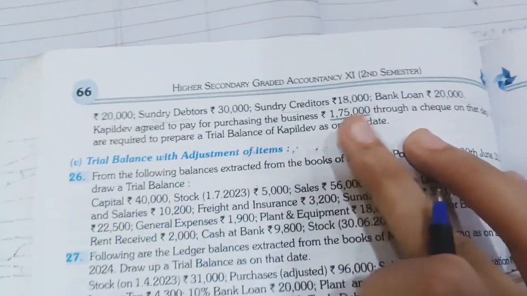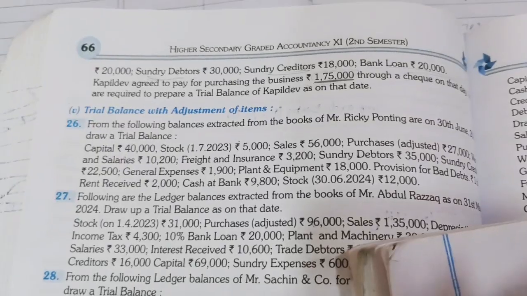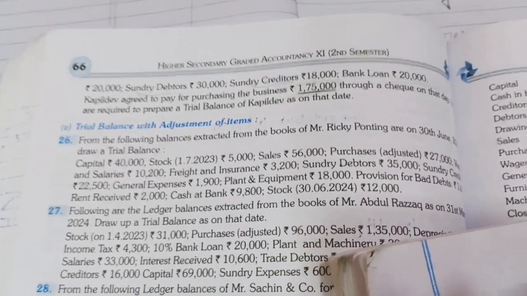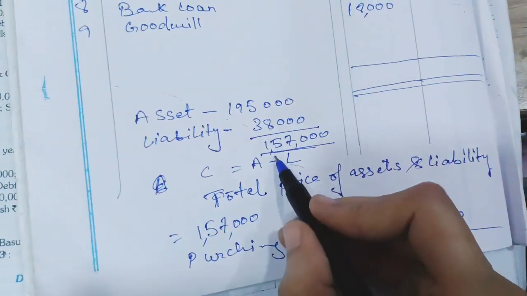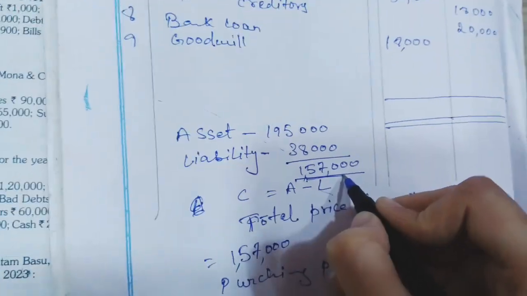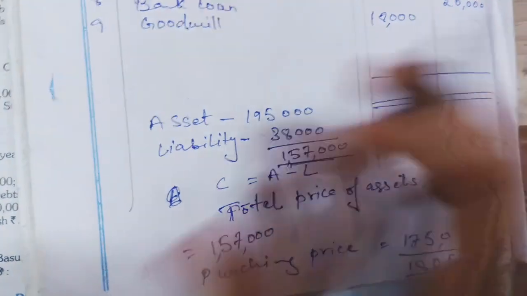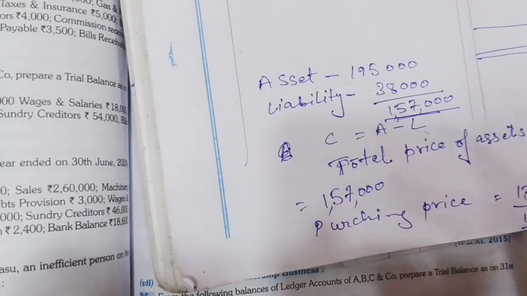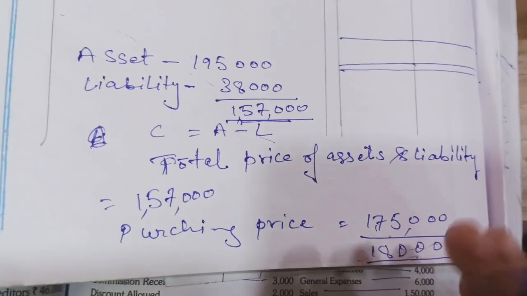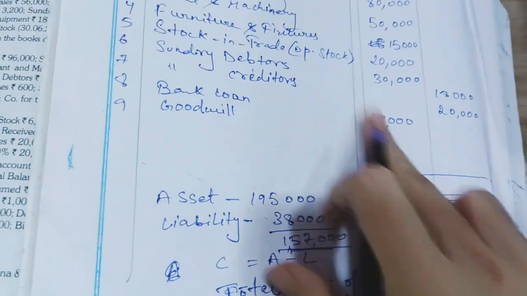This is how you can understand. Like I said earlier, this is our key point. In the question it is given that the purchasing price of the business means capital. When we have calculated our capital, it came to this, and the capital which Kapil Dev has given to Gavaskar is greater than the original capital, so we subtract, and the extra amount which came is our goodwill.